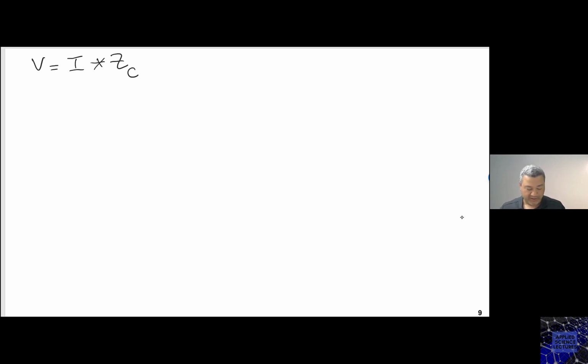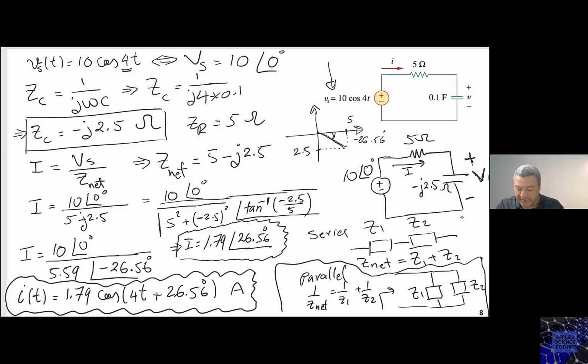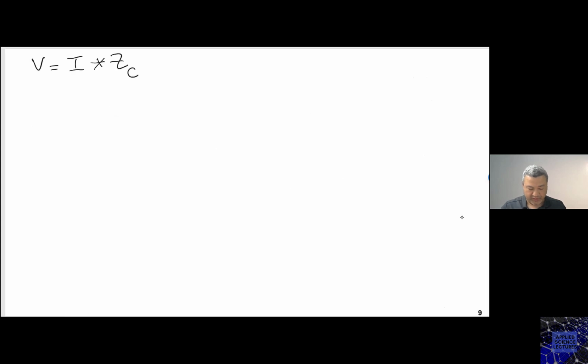Let's go back to our circuit. This current is going through the capacitor. So in order to find the voltage V, it would be as simple as this impedance of the capacitor times this current. How much was the current? 1.79.